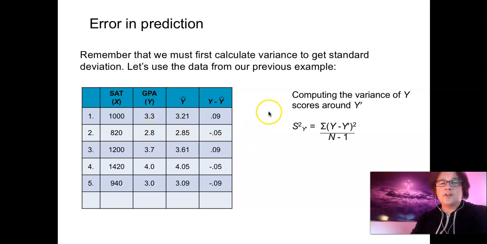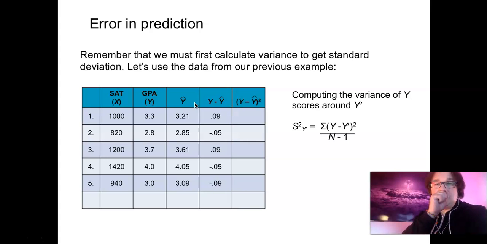We took all of the y-scores, we subtracted out all of the y-hat or y-predicted scores, and we have those values. Now remember, if we try to add these up to get a mean, to get an average deviation, we're going to end up with a 0 here, right?